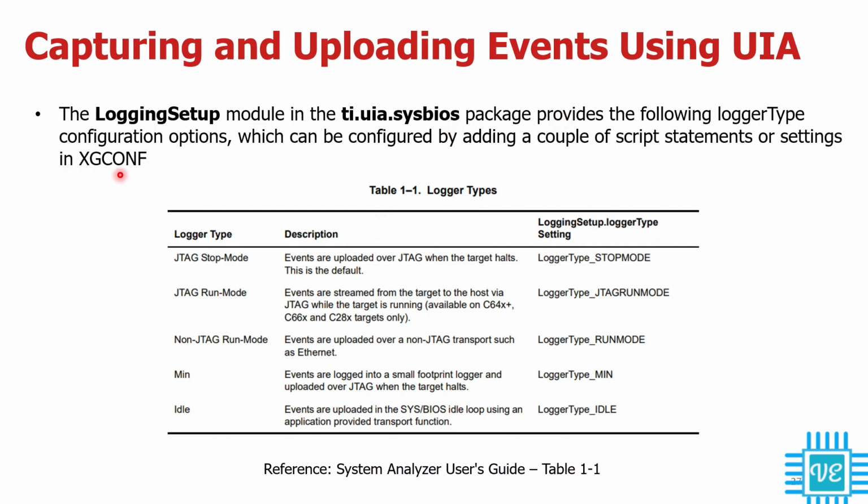You can also use scripting in the .cfg file, which is basically JavaScript, where you can use the APIs directly. You can also use the xconfig tool to configure UIA graphically.